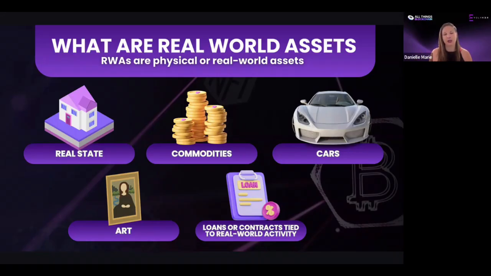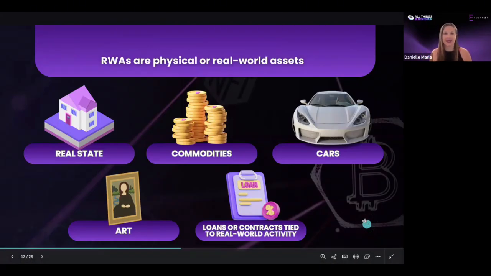I was trying to understand how this piece of art could be on the blockchain, and it really took a while for my brain to fully grasp it. So for those of you that are like me, be patient with yourself. For some of you, maybe it clicks a lot faster. But they are basically just everyday real world assets.